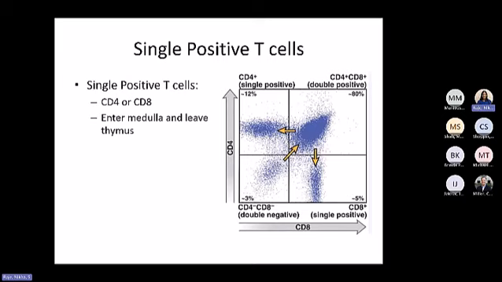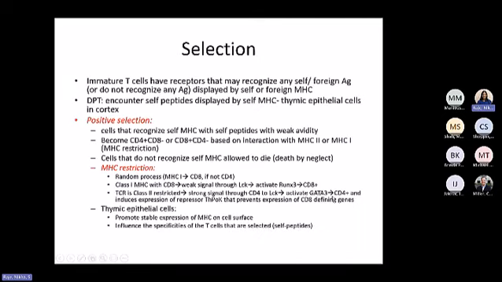Once it comes in contact with MHC class 1 or class 2, it will become a CD8 or CD4 single positive cell. So it enters the medulla, and as you see, these double positive T cells eventually are going to start becoming single positive cells. That selection process occurs in the medulla. Initially, positive selection occurs where it comes in contact with one of the MHCs.